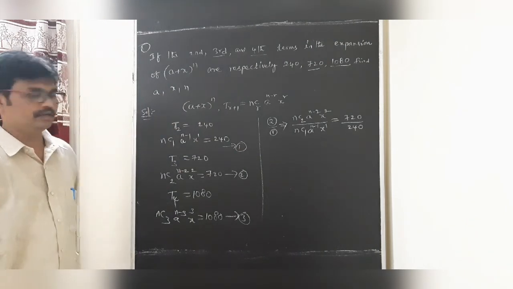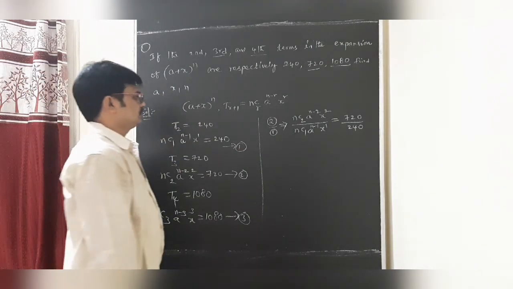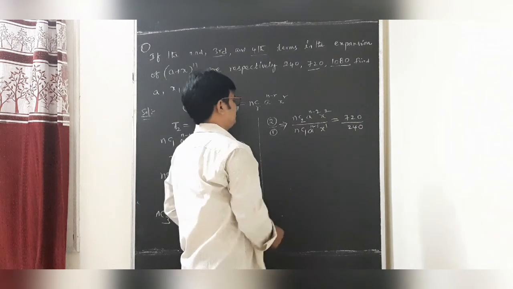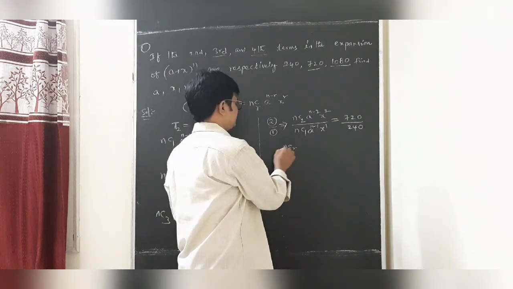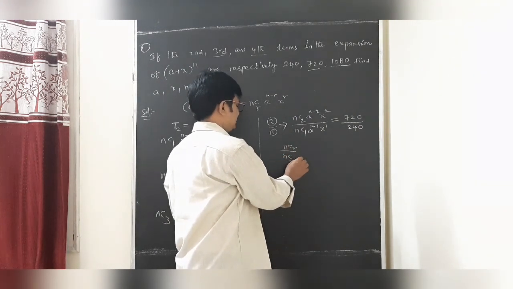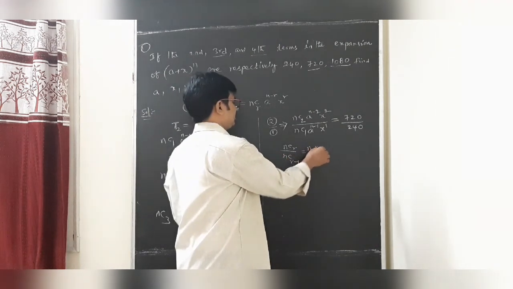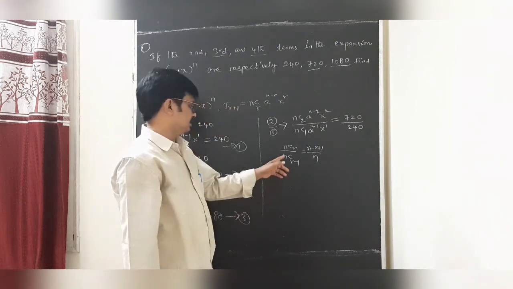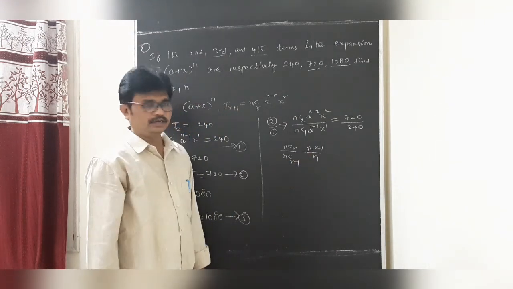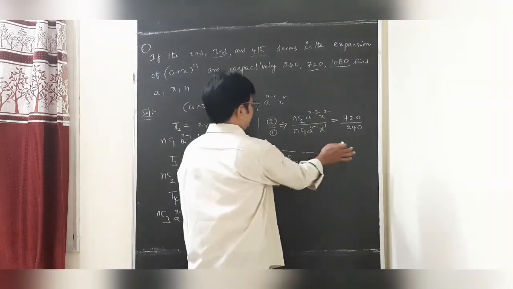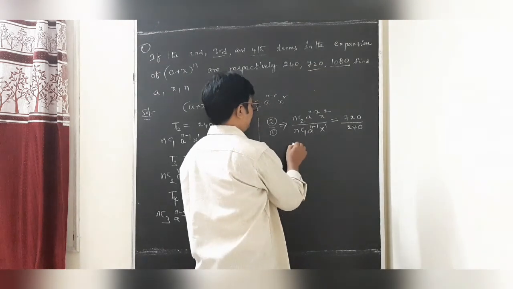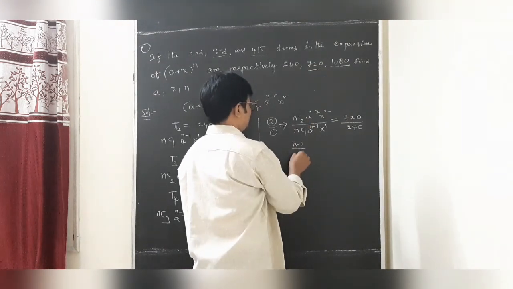Everybody knows that nC2 by nC1, using nCr by nC(r-1), is (n-r+1) upon r, so here it is (n-1) upon 2.